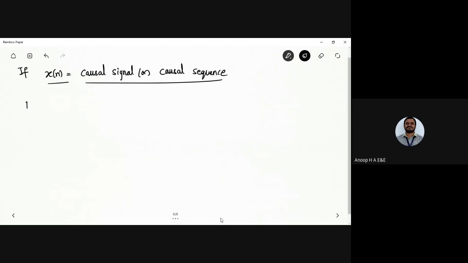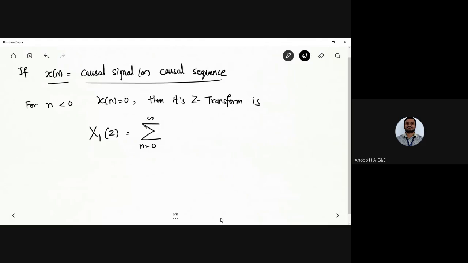So for n less than 0, x of n would be equal to 0, then its Z transform, say x1 of Z, would be equal to sigma n equals 0 to infinity x of n Z power minus n.